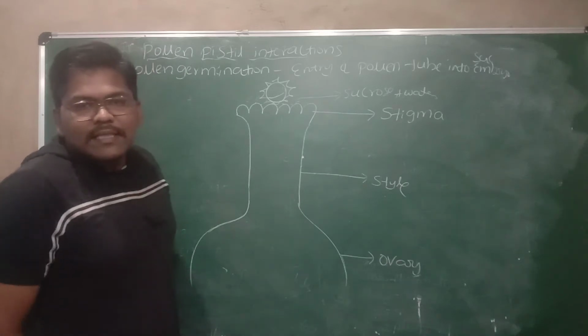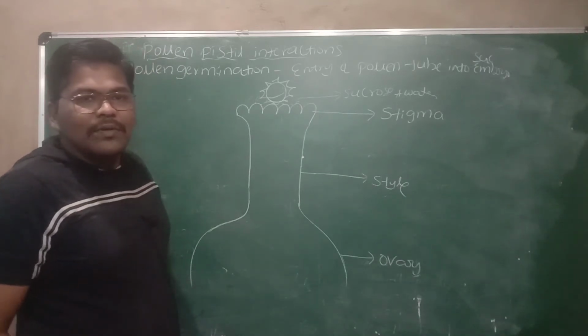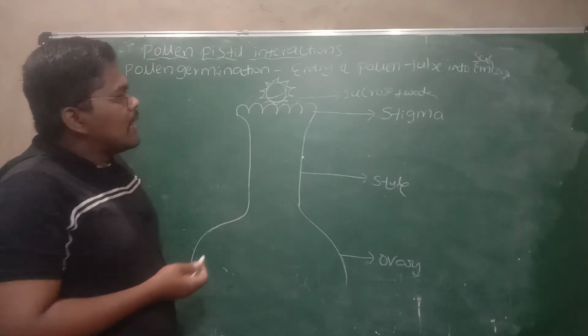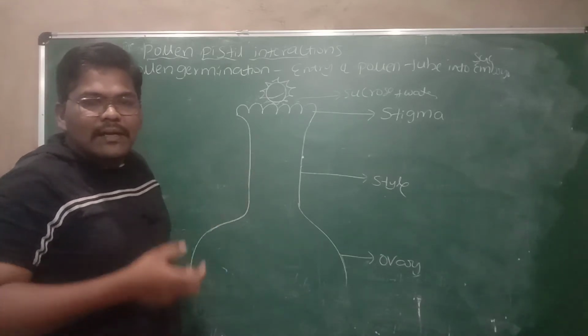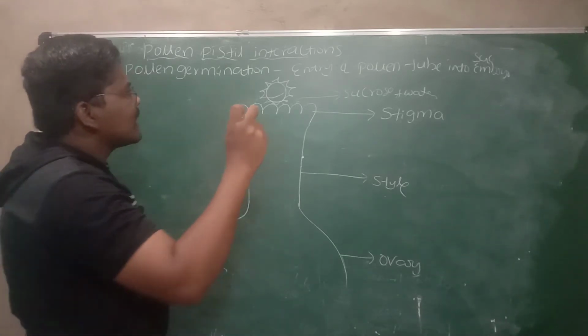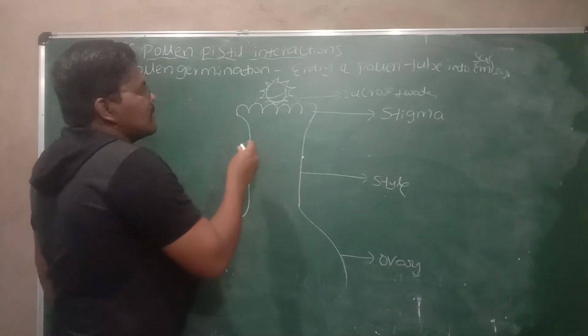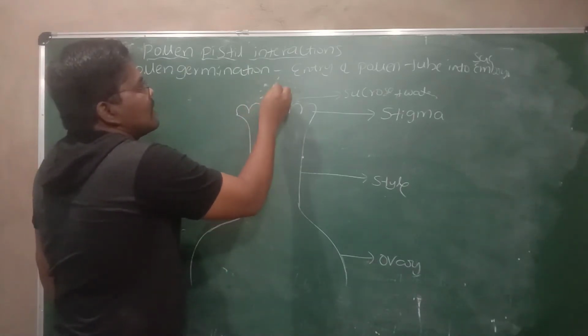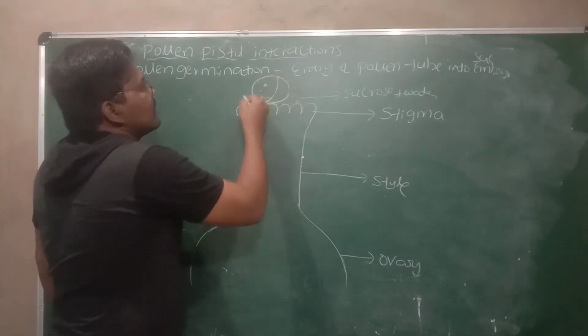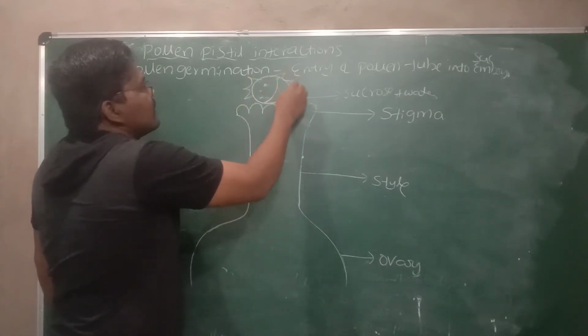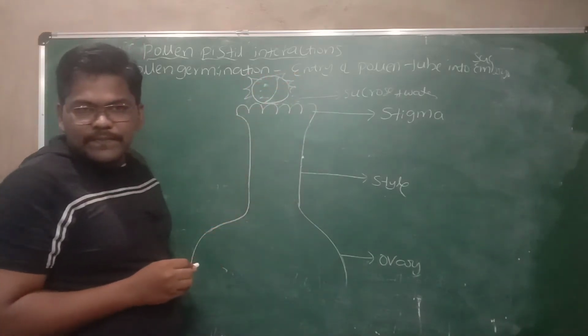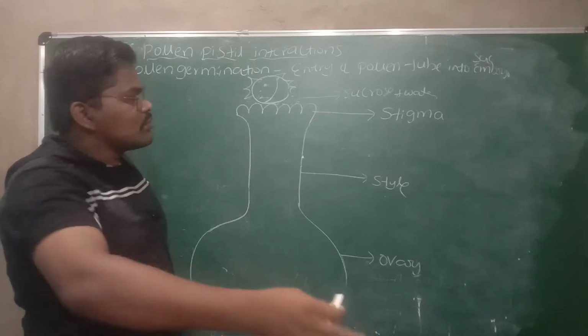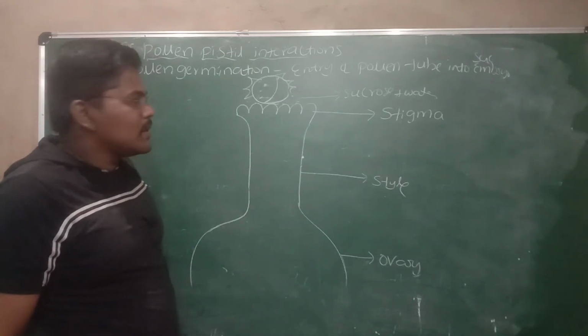Sucrose acts as food for the formation of the pollen tube, and because of the absorption of water, the pollen grain will swell. The pollen grain swells because of the absorption of water and sucrose solution.